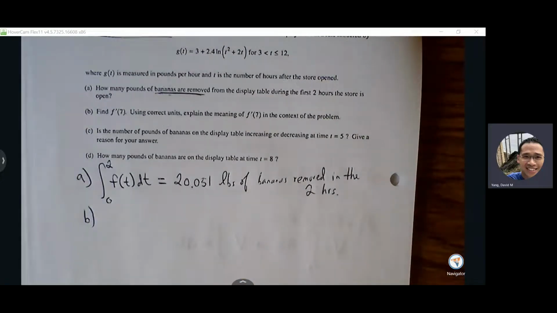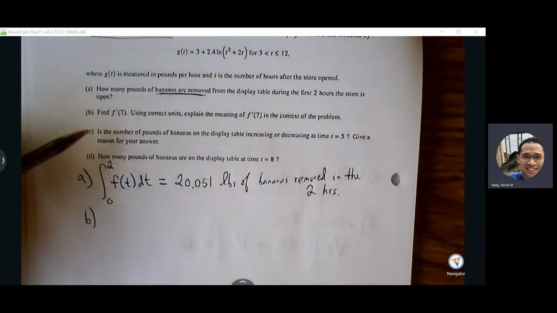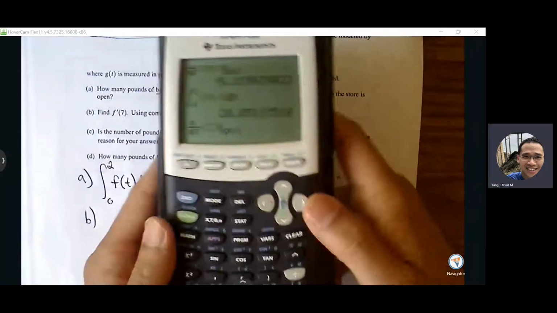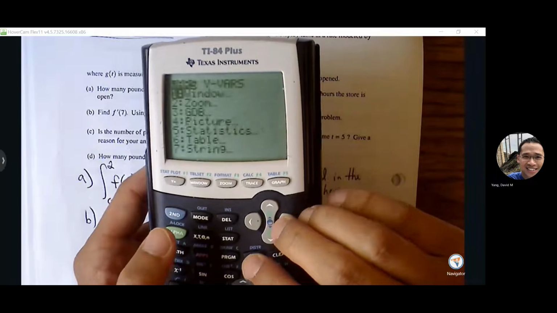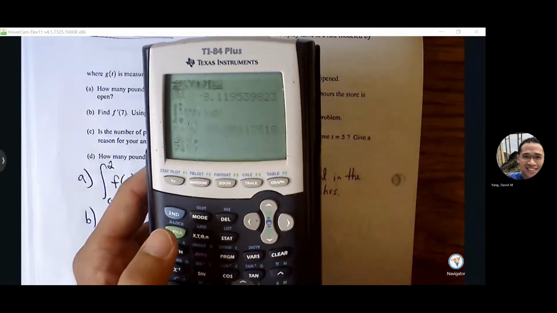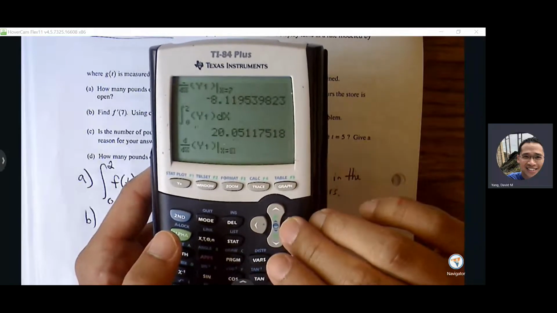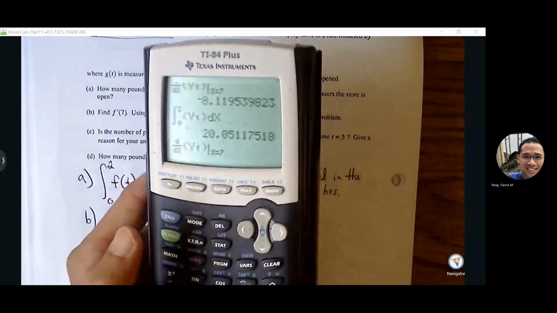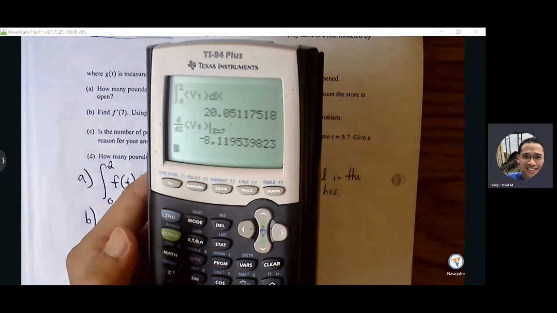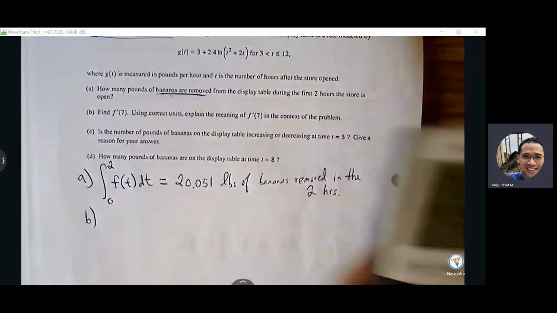Okay, all right, for part B, f prime of 7, n-deriv. I have y1 holding my f of t. I want to know f prime of 7. Negative 8.11. Okay.